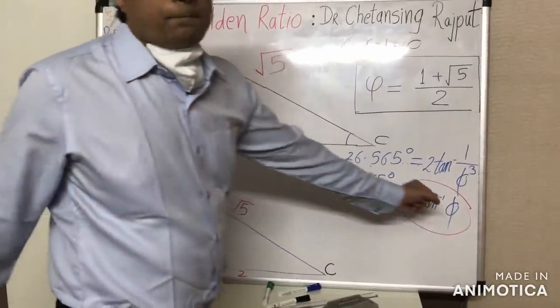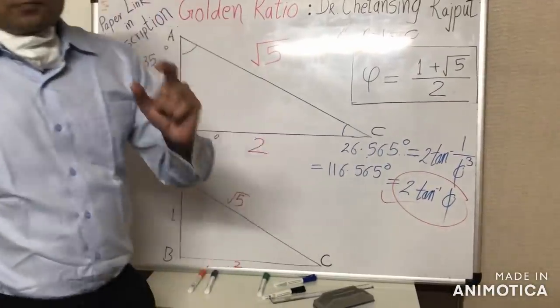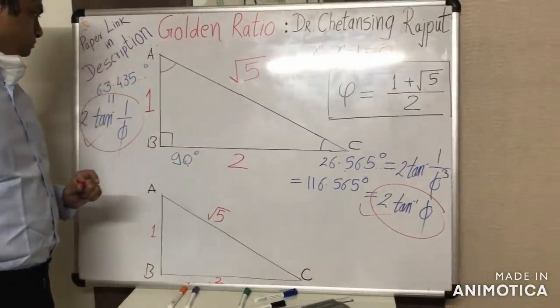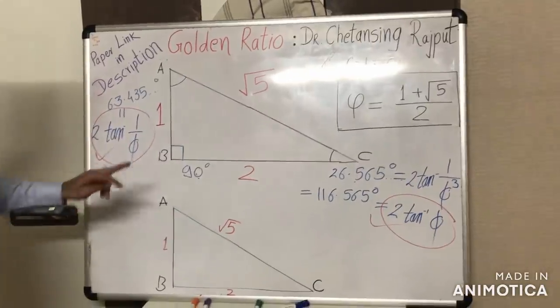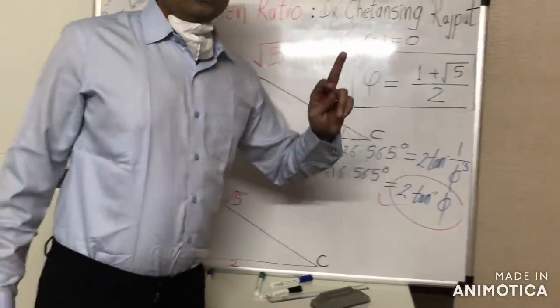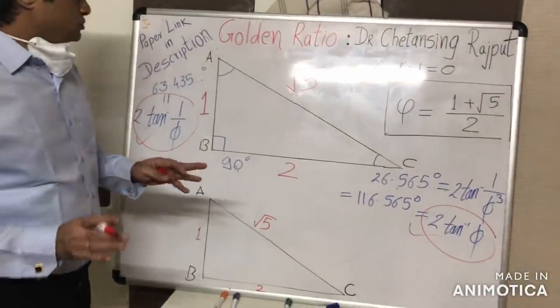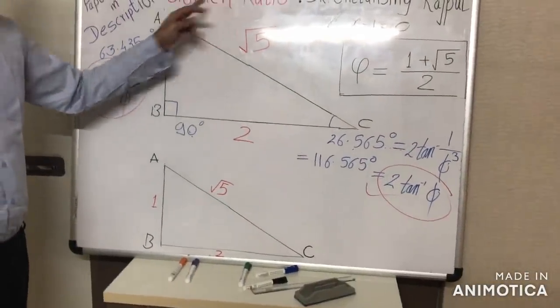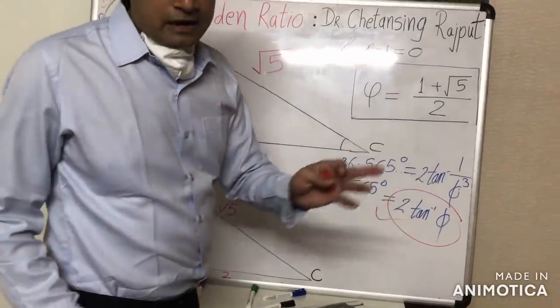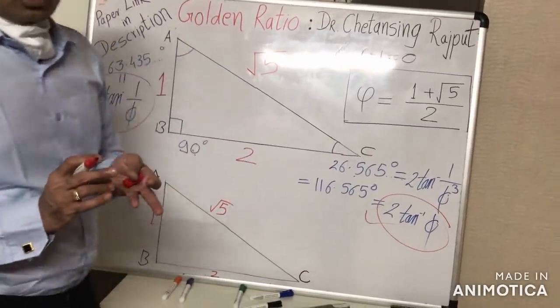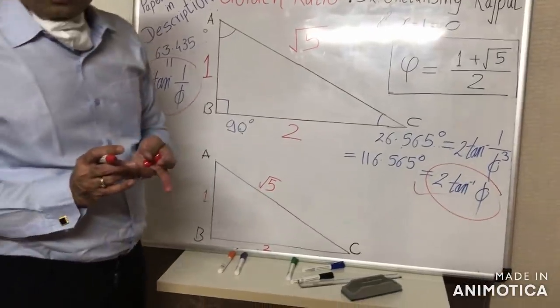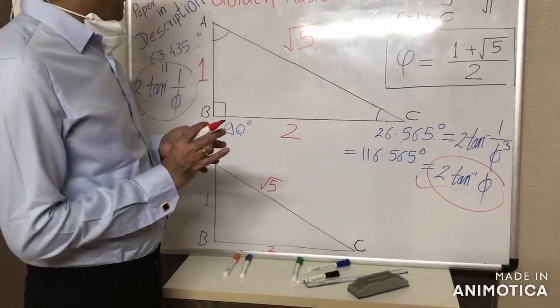These two angles are precisely the angles of the golden rhombus. And not just the golden rhombus, these two angles are closely associated with all those geometrical figures which are concerned with the golden ratio. Like, these two angles are the dihedral angles of the regular dodecahedron, great dodecahedron, small stellated dodecahedron, etc.